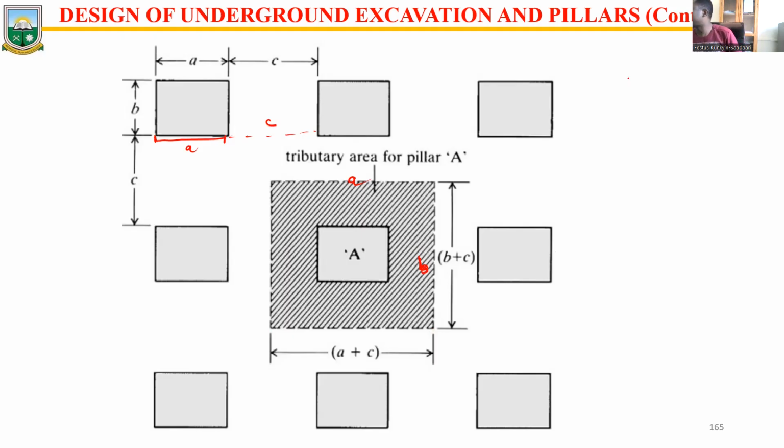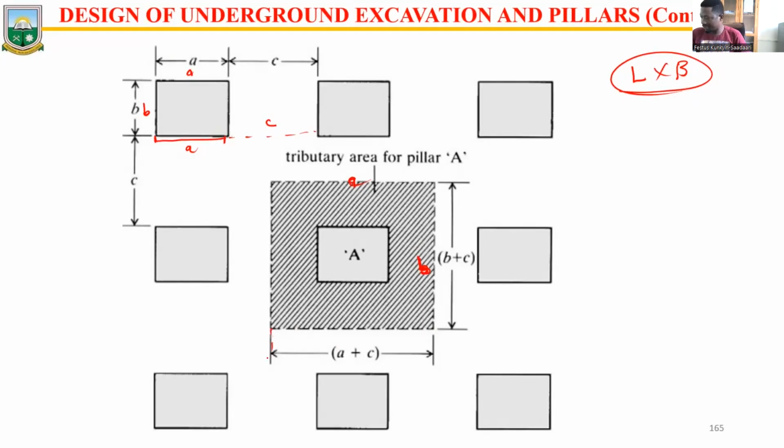Okay, to calculate, it is going to be length times breadth, right? So I have this as B, this side as A, which is B here, and this as A. Now, we have said earlier that, assuming I have this red line drawn, this side is the A, but then this pillar to the side is going to take half of the load, which is the C. We have stated earlier that it is going to take half of that.